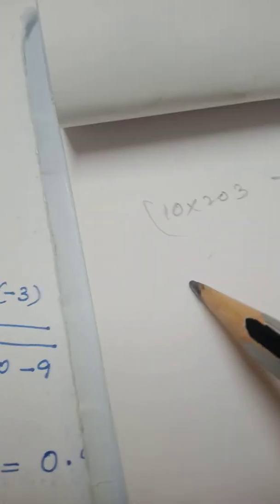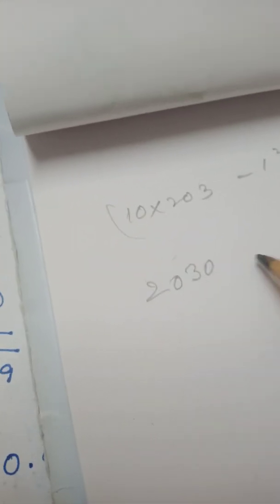Here, 10 into 203, you will get the value 2030, minus 1 square is nothing but 1, into, this is the denominator, root of 10 into 159, it is nothing but 159 followed by a 0, minus, minus 3 into minus 3, how much is it? Plus 9. Already there is a minus sign here, right here 9.